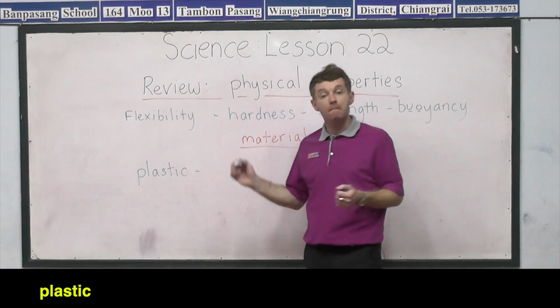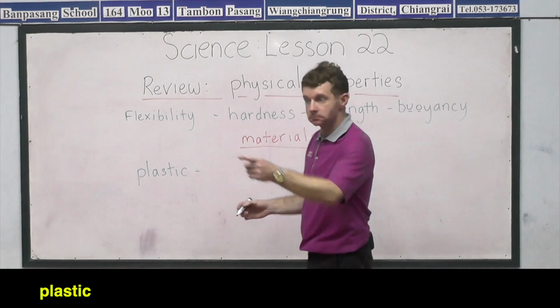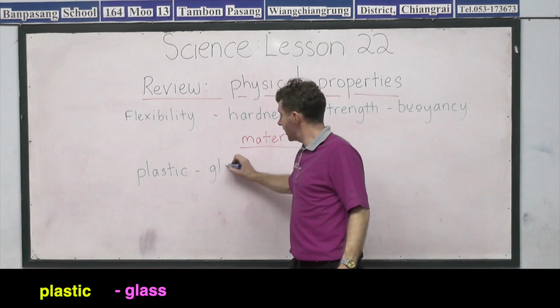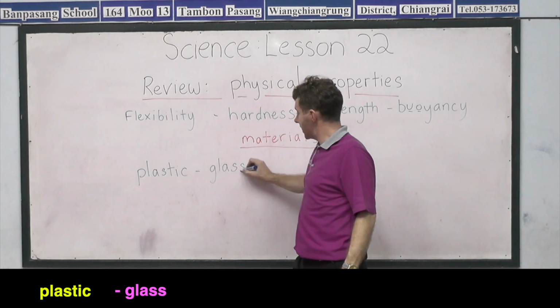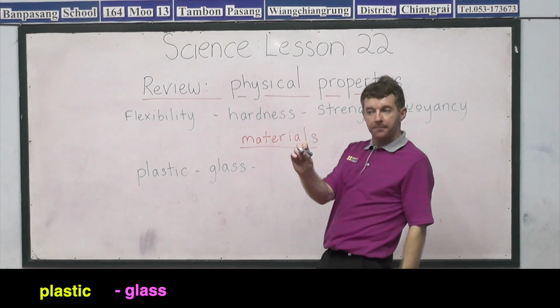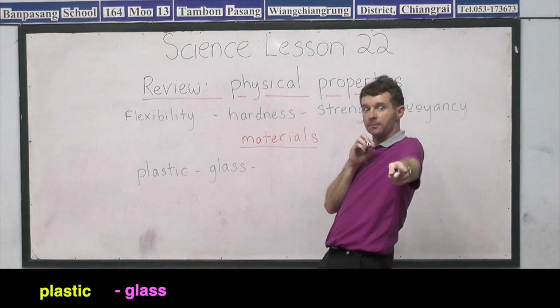Plastic was a material. Glass. Paper. Glass, G. Down. Paper. What is paper made of? It comes from a tree.